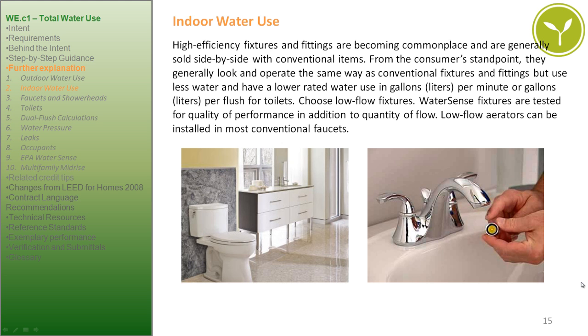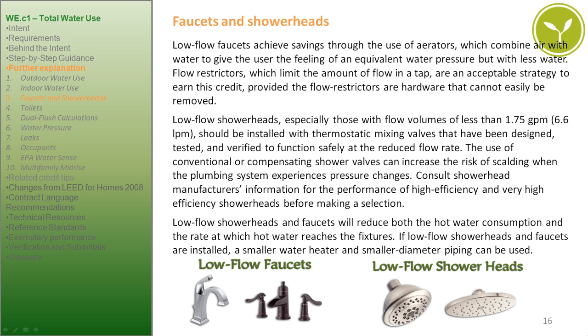Choose low-flow fixtures. WaterSense fixtures are tested for quality of performance in addition to quantity of flow. Low-flow aerators can be installed in most conventional faucets. Faucets and shower heads. Low-flow faucets achieve savings through the use of aerators, which combine air with water to give the user the feeling of an equivalent water pressure but with less water.